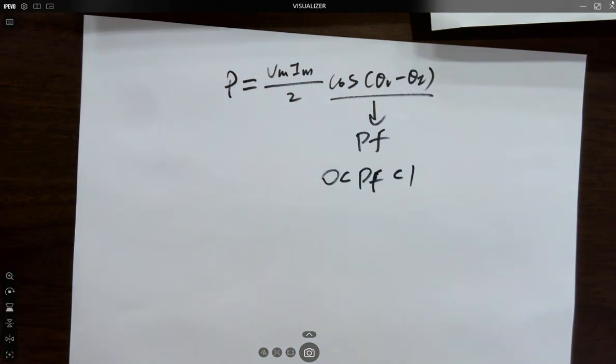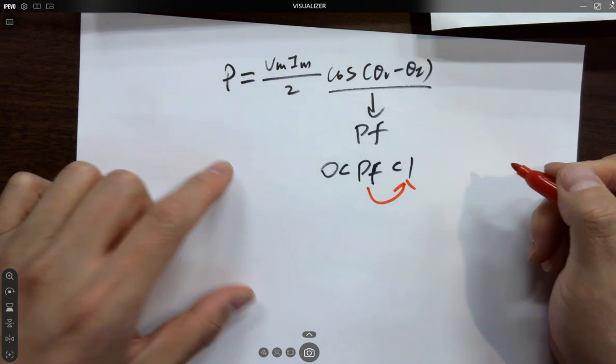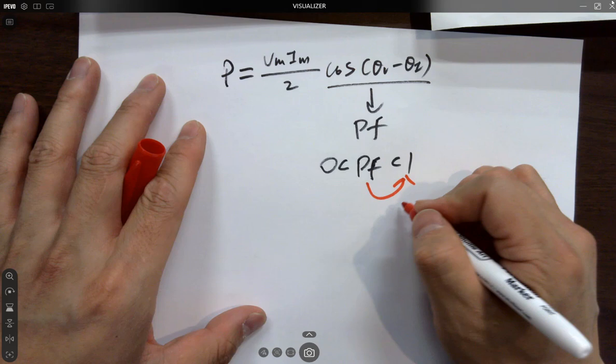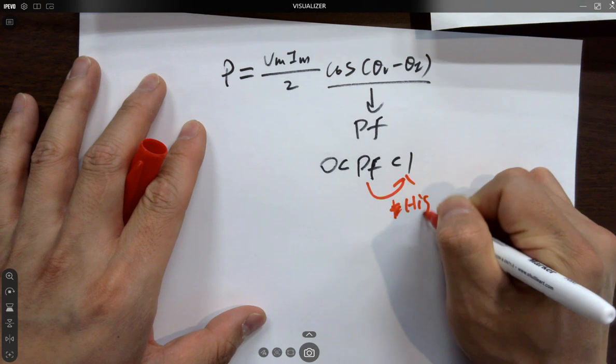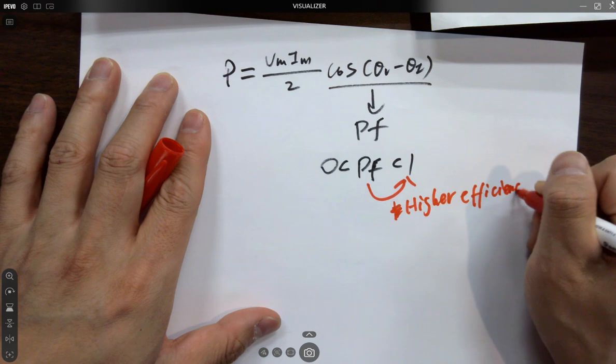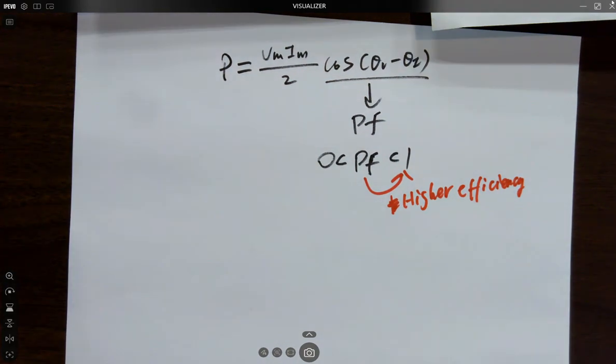You want your power factor to be as close to 1 as possible, so higher efficiency is achieved if you get a power factor of 1.